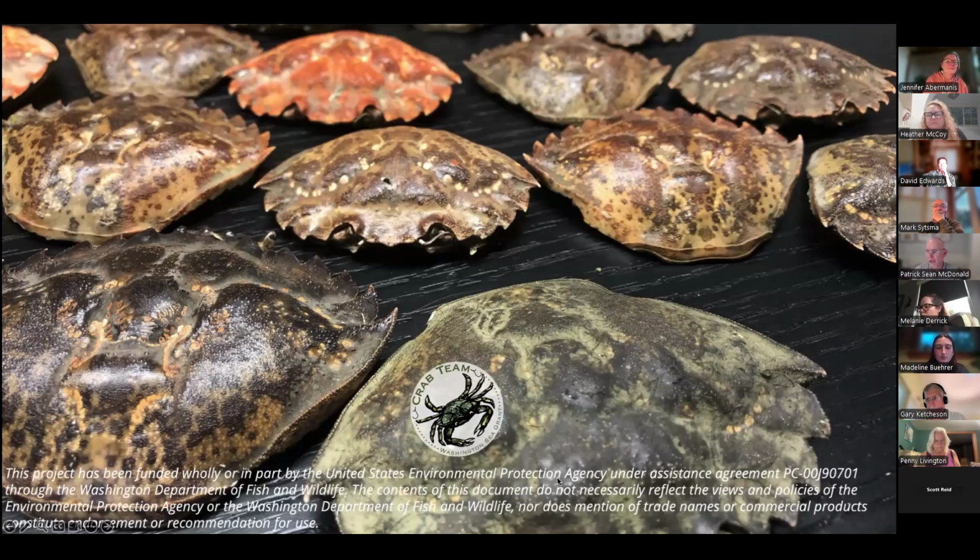Our Crab Team monitoring happens at very specific sites, and it happens monthly, April through September. But with Molt Search, we wanted an approach where people could look across more beaches within our region and expand the search effort more broadly. So you can go to any beach, conduct the Molt Search protocol, upload your data, and provide that information to us.